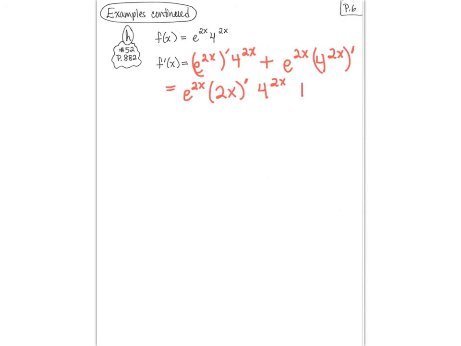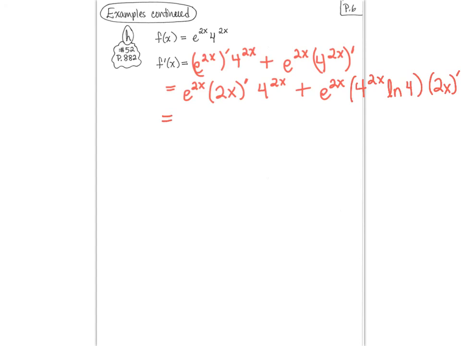Now we add to that e to the 2x. Now we're differentiating 4 to the 2x. Now the derivative of 4 to the 2x is equal to 4 to the 2x natural log of 4 times the derivative of 2x.